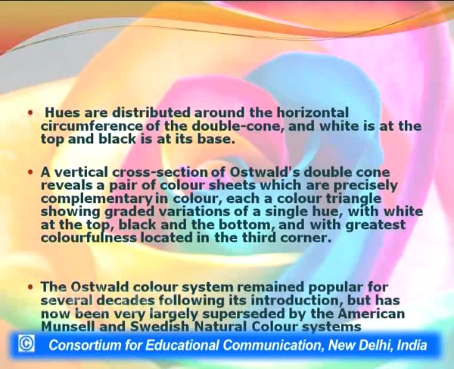It has also tried to discuss in 3 dimensions, and the Ostwald color system remained popular for several decades following its introduction, but has now been very largely superseded by the American Munsell and Swedish Natural Color System.